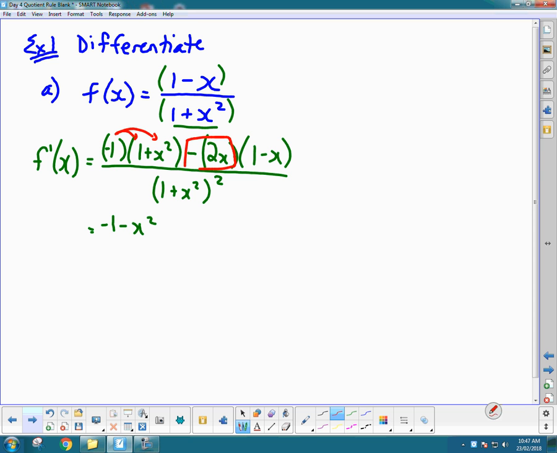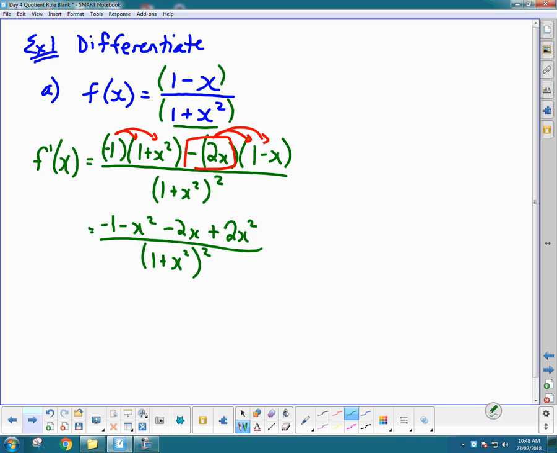It's subtract 2x, so I might as well do it all in one step. So I'm going to distribute a negative 2x, so it'll be minus 2x, and then plus 2x squared, all over 1 plus x squared, all squared. By the way, the bottom, you'll notice you could actually expand the bottom out, but it's going to make your life a little bit more difficult, so nobody really ever does that. They just leave it as is.